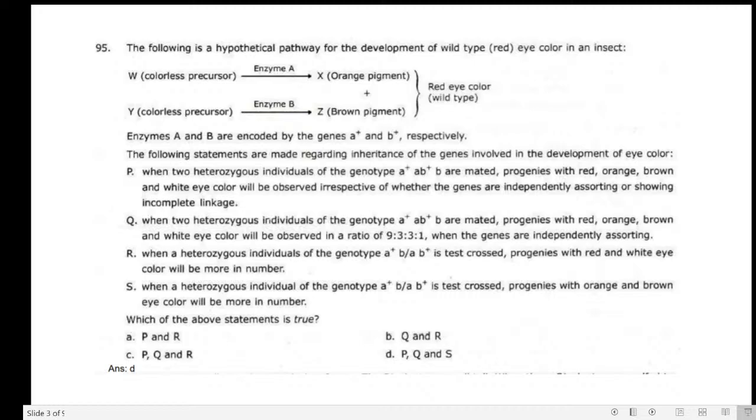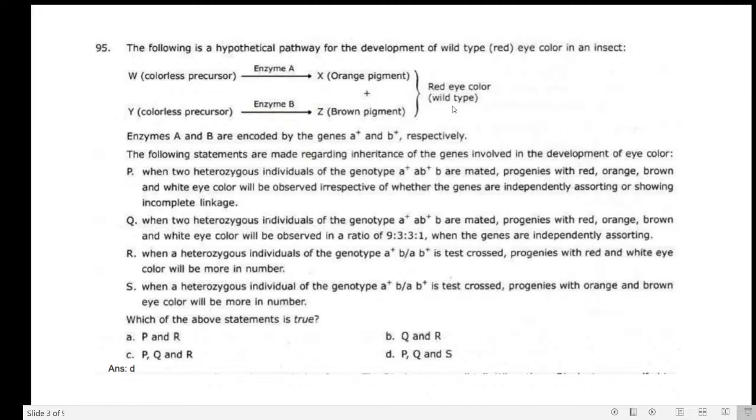What is the pathway? W is a colorless precursor that reacts with enzyme A and makes an orange pigment, X. Then colorless precursor Y reacts with enzyme B to make a brown pigment. The orange and brown pigments mix together and make the red eye color.